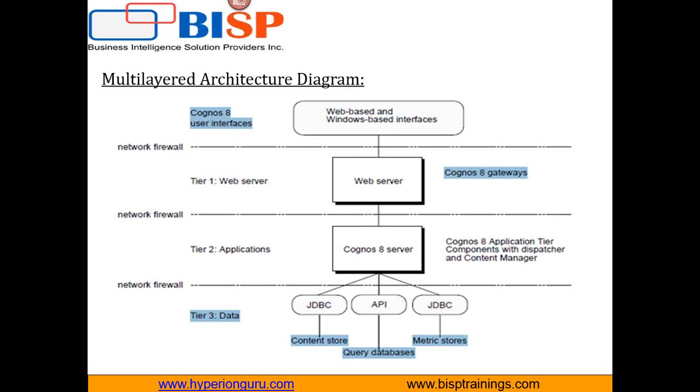For example, for a production server or critical applications where we can't take a chance of our application going down, we go for the multi-server architecture, with multiple servers. At tier 1 we would have multiple web servers, and at the application level multiple application servers and multiple dispatchers also.